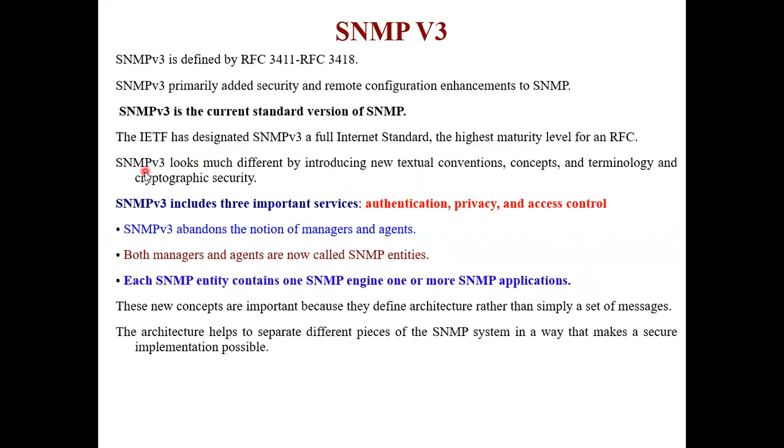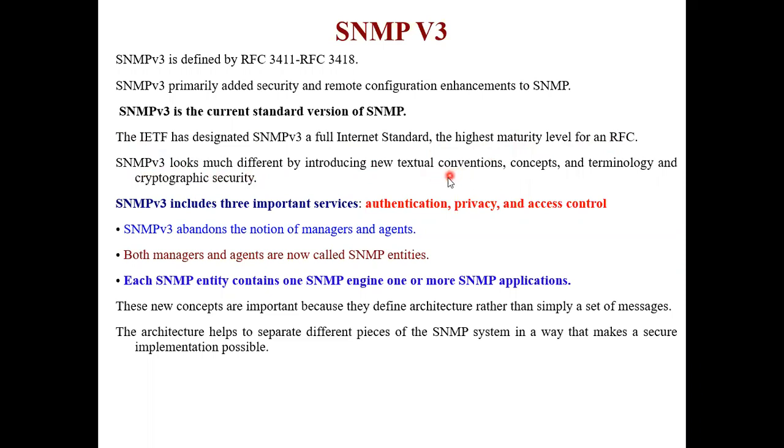So now, we concentrated on security, remote configuration. It was declared a full internet standard by whom? By IETF. It has the highest maturity level for RFC. So SNMP now, architecture wise, it looks much different by introducing again new textual conventions.